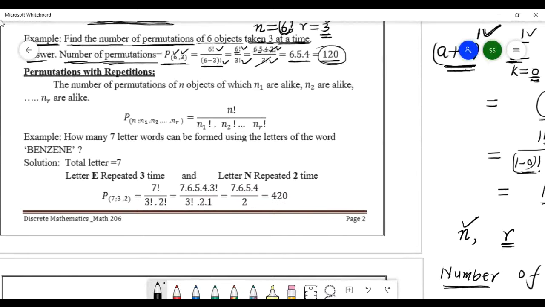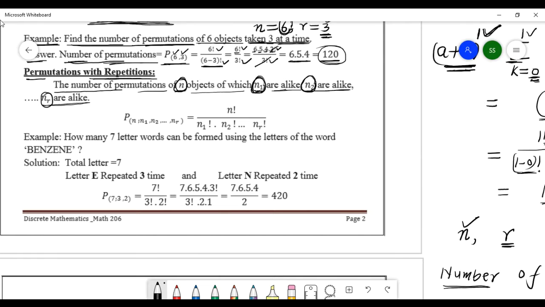This is called permutations with repetitions. Okay. So the number of permutations of n, total n objects, of which n1 are alike, n2 are alike, nr are alike. So in total n, in which n1 objects are the same, n2 are the same, and nr are the same.